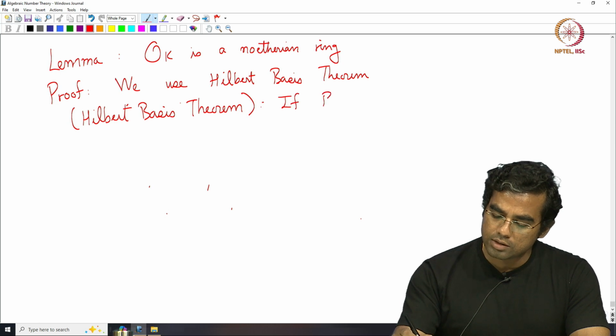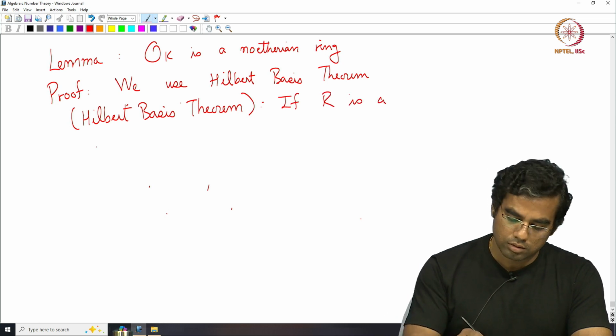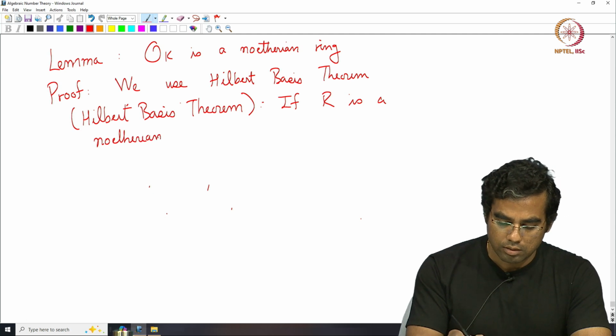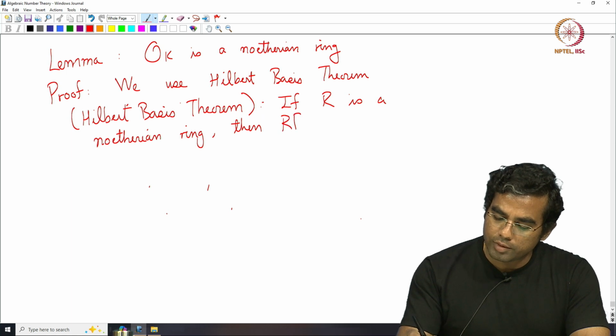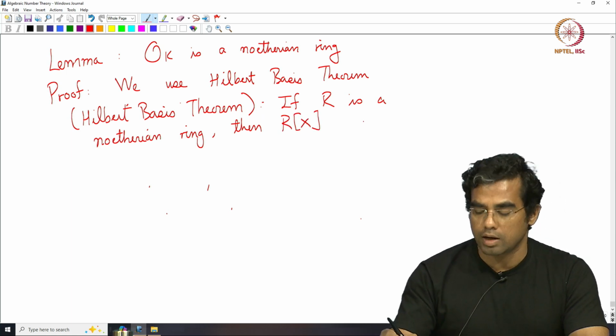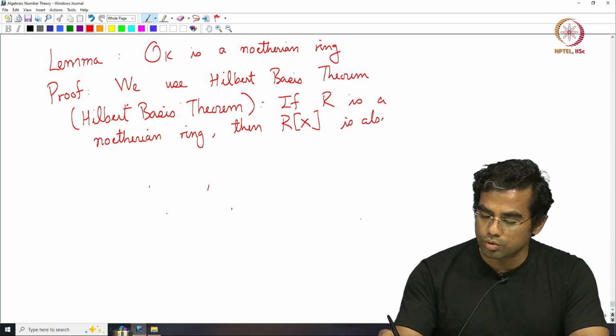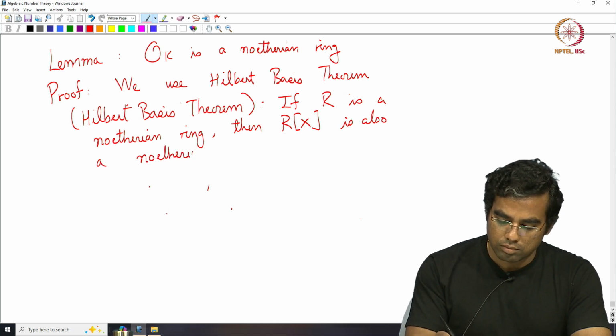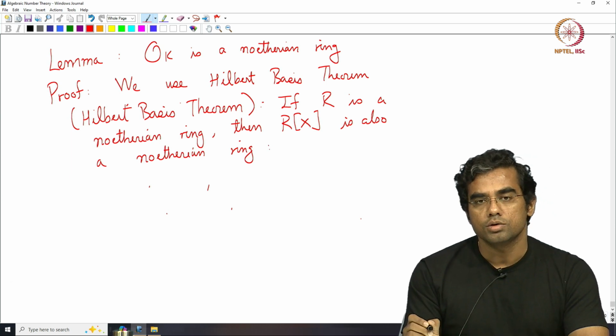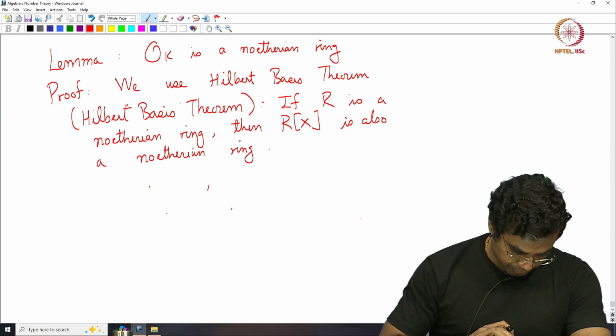If R is a Noetherian ring, then the ring of polynomials in one variable over R, R[x], is also a Noetherian ring. Okay. So, this is what it says.